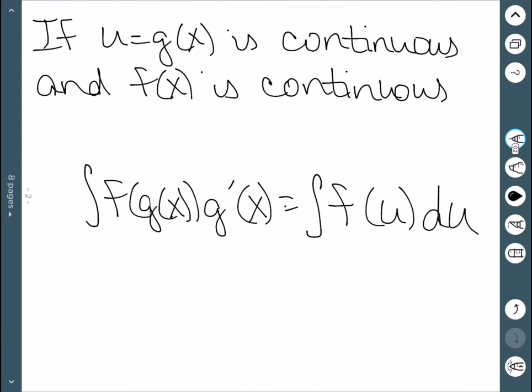So this may seem a little complicated right now, but doing some examples should help with this.